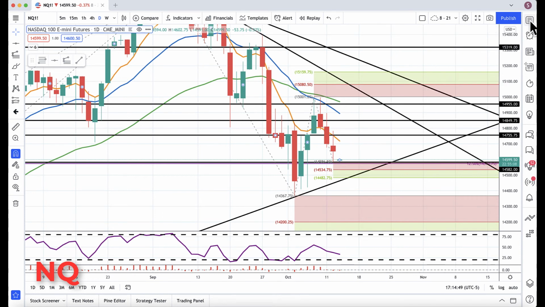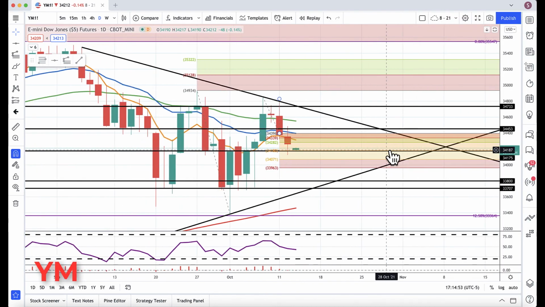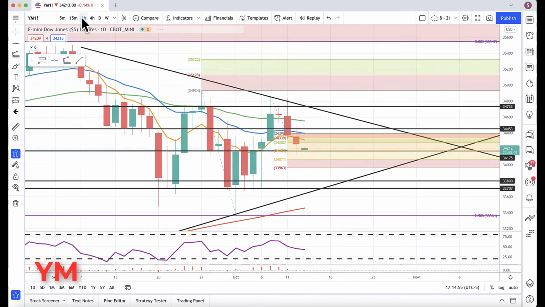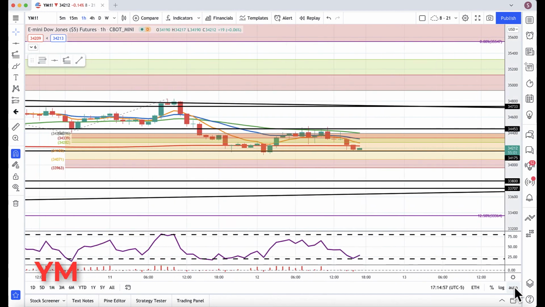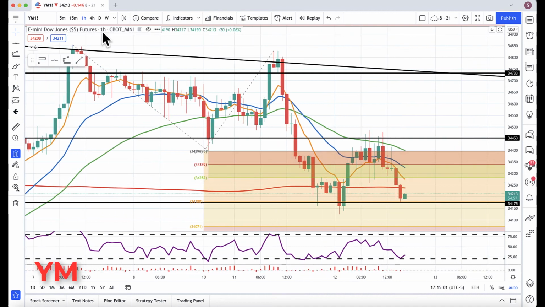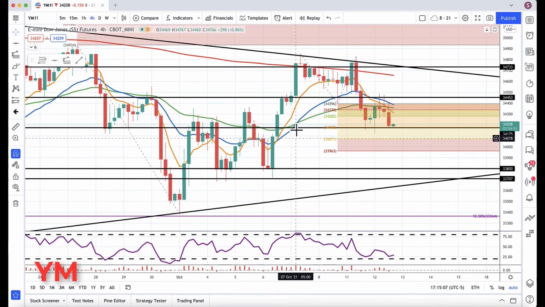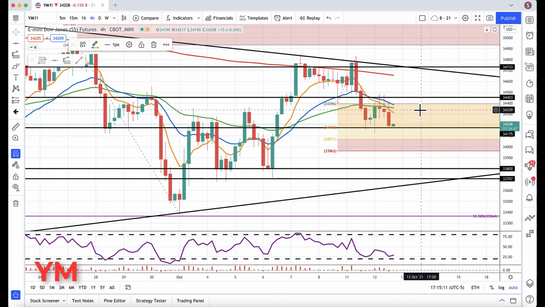Finally, wrapping it up with the mini Dow. Let's take a look here. Let me jump to that 4 hour. So we had this double top pattern coming down. You take off these minor levels for a second.